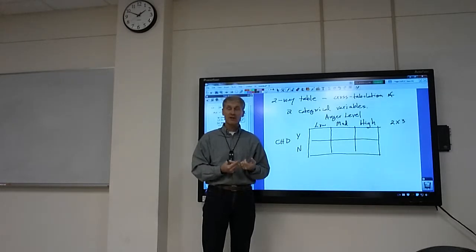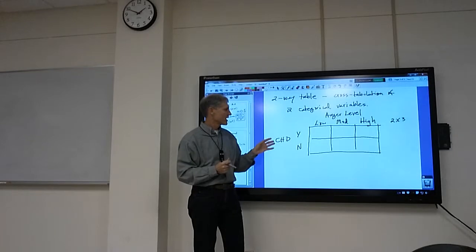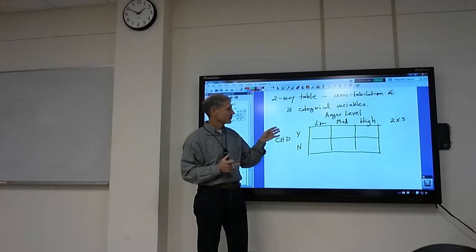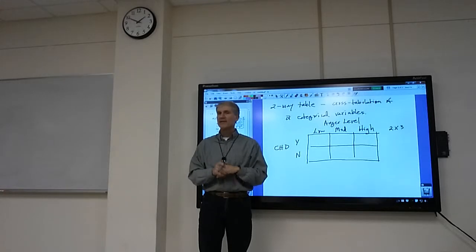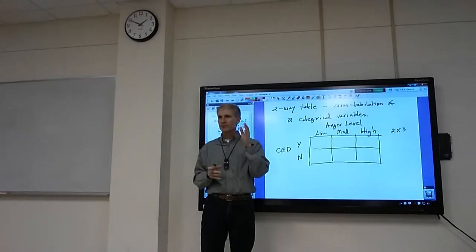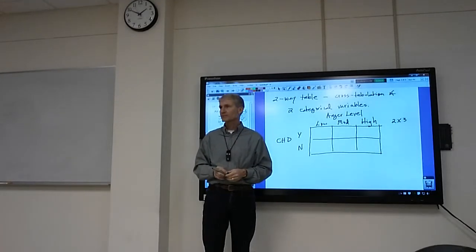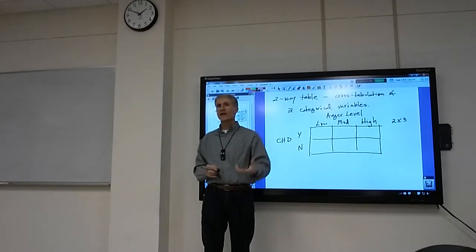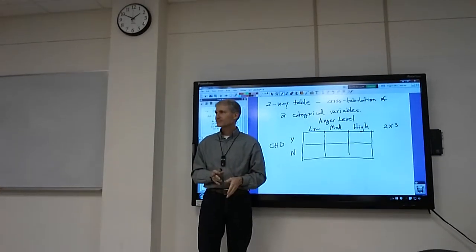The other scenario that also fits this type of test is where you have a simple random sample from different populations, and then you assess a response variable on those different populations. So I might say, well, let me take a sample of females. Let me take a sample of males. Now I'm going to see if they have the same anger levels. Right?